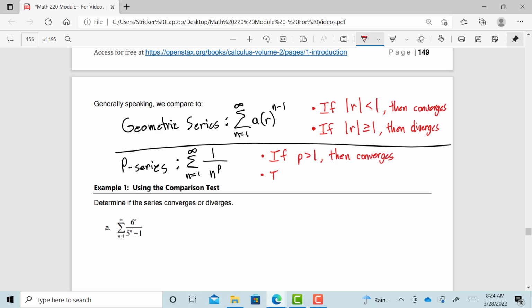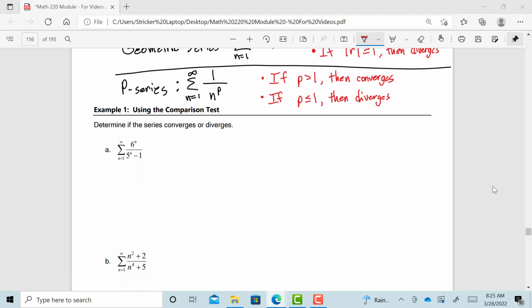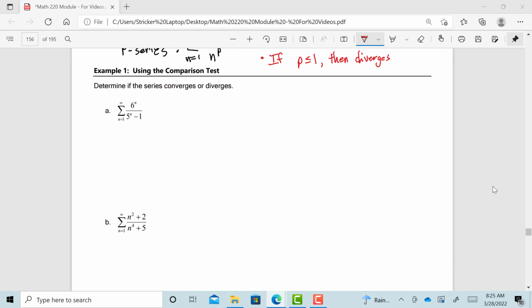And then on the flip side, if P is less than or equal to 1, then it diverges. So let's take a look at some examples. And the key to doing these is just being able to tell what to compare with. That's one of the big keys.